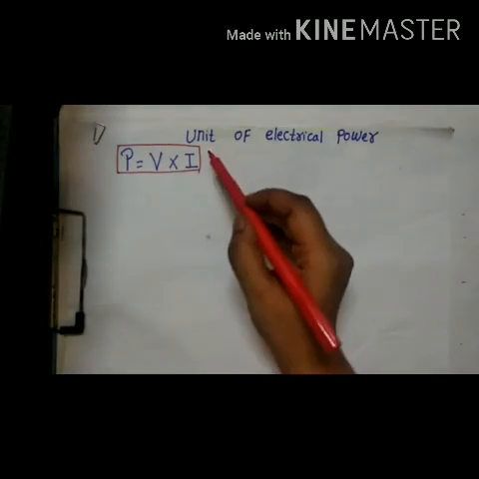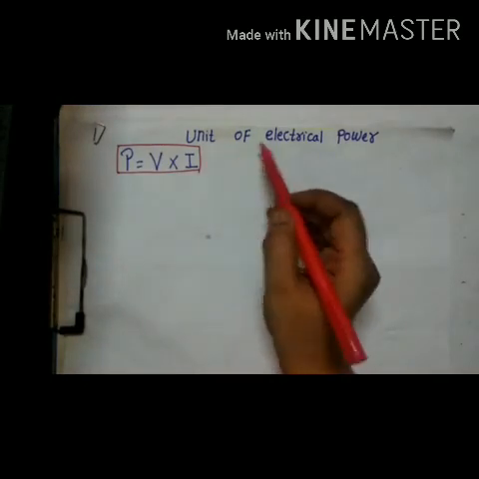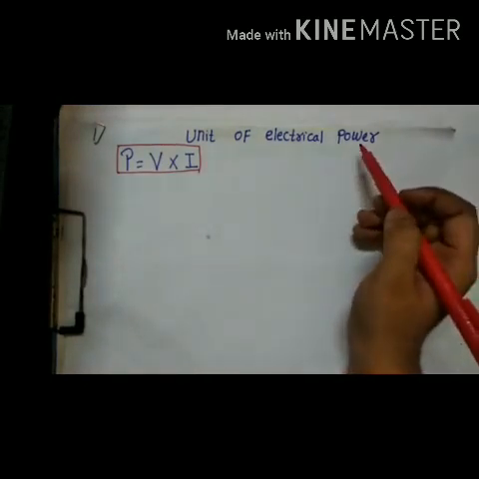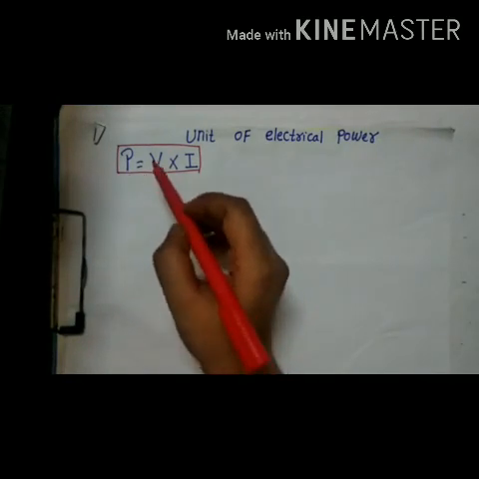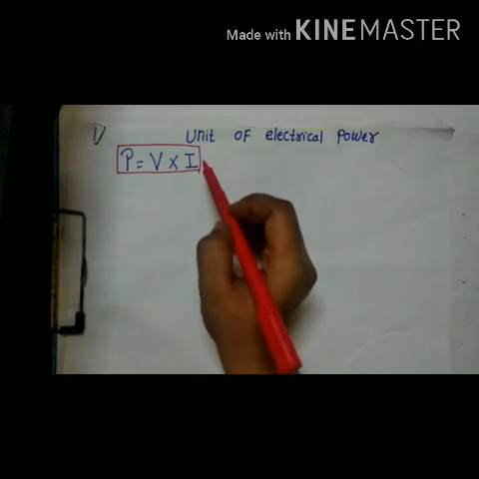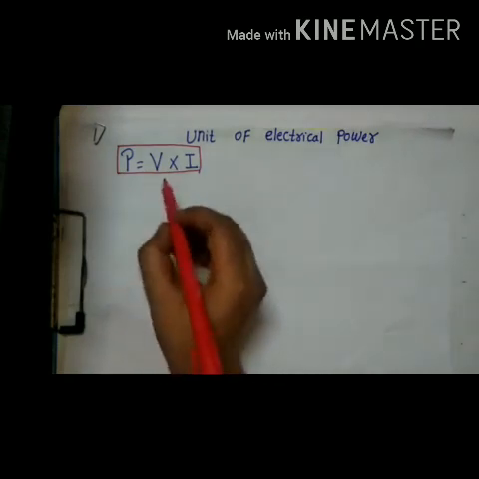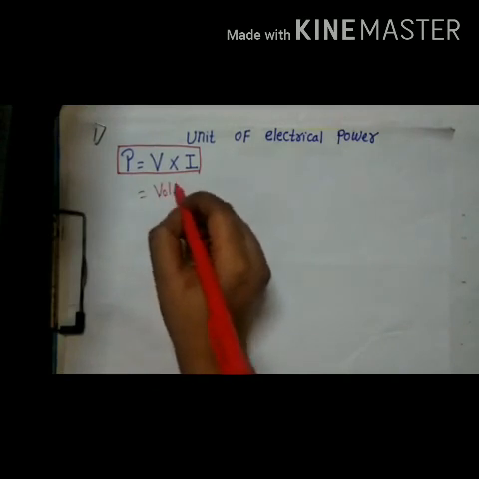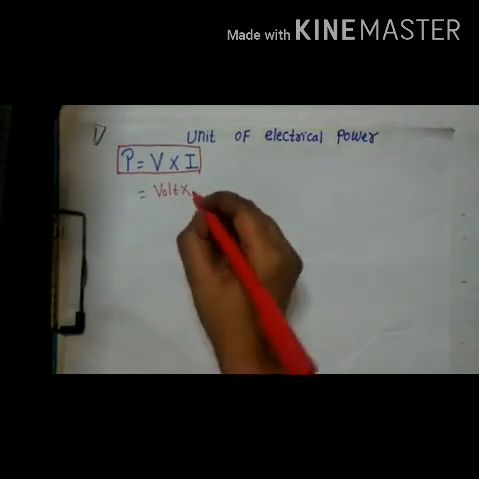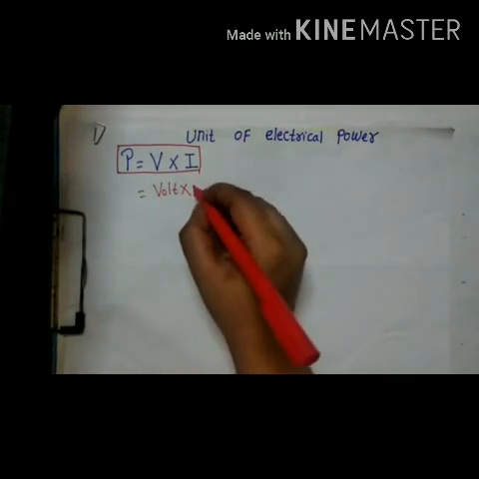Now let's calculate the unit of electric power. Since we know power is equal to potential difference into current, the unit of potential difference is volt and the unit for current is ampere.